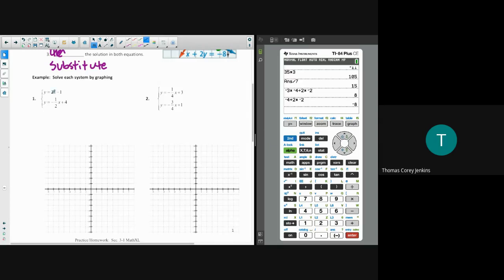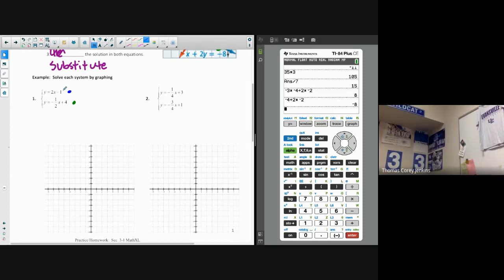So my top line here I'll put in blue, and then my other one I'll put in green. Okay, so my blue line, my y-intercept is 0, negative 1. And then my slope is 2.